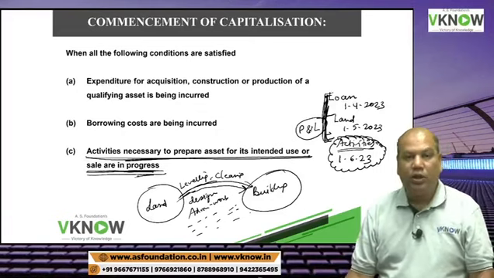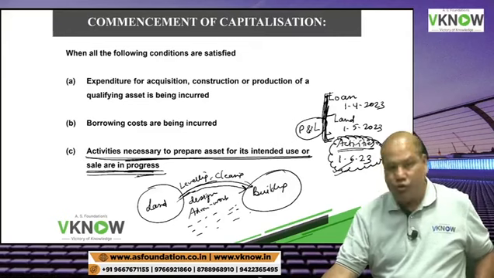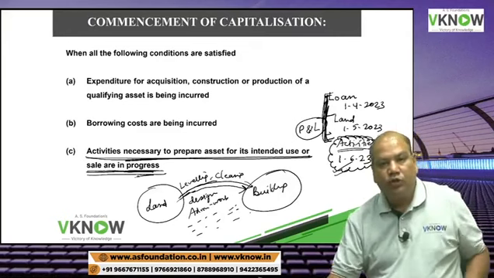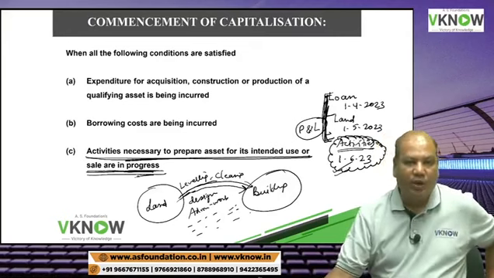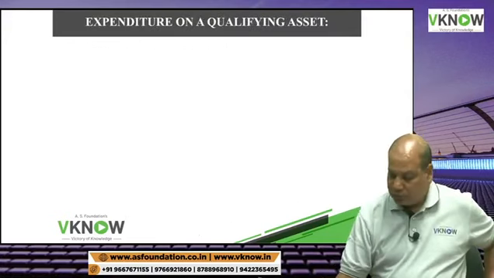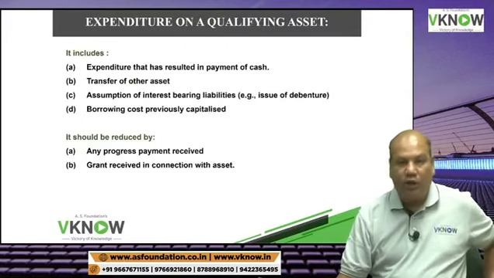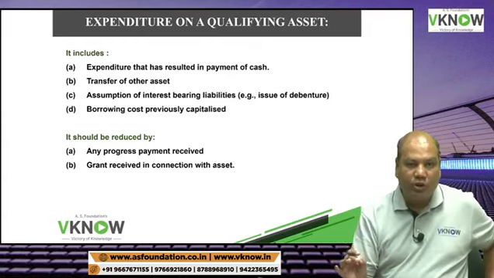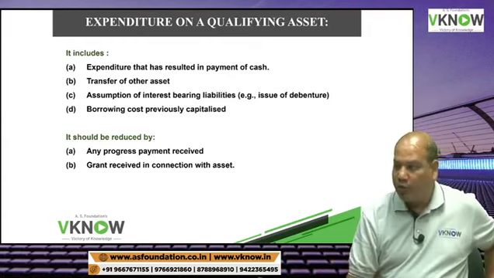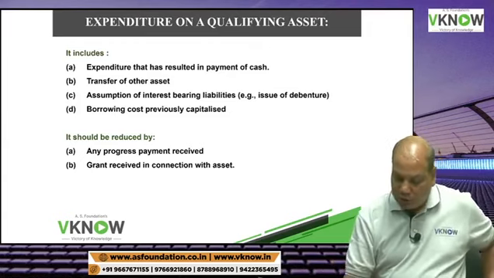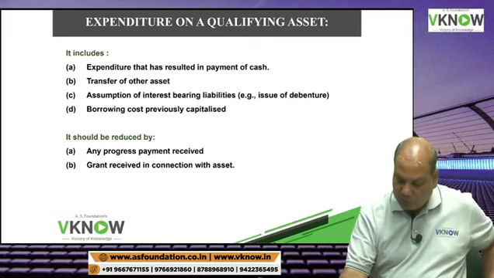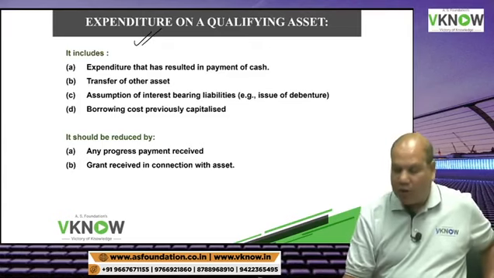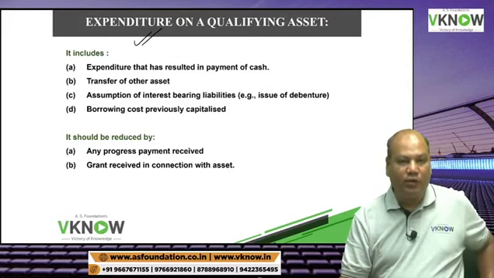So all three conditions got satisfied on 1st June. From 1st June, we will capitalize the borrowing cost. Before that, if any borrowing cost is incurred, you will charge it to profit and loss account. Now the next important point is what will be included in expenditure on a qualifying asset.